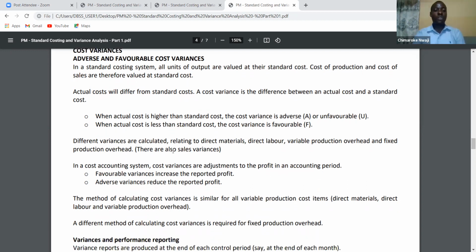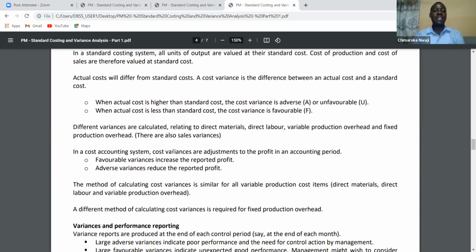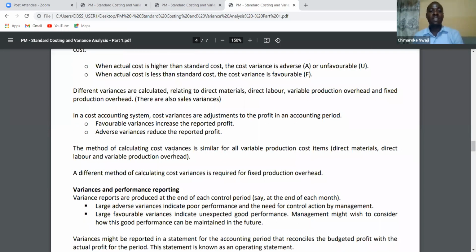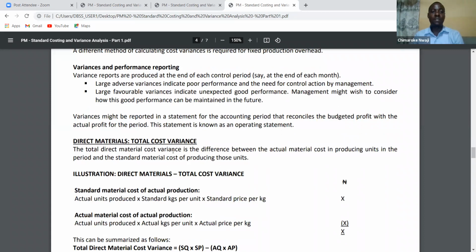So we are going to be doing variance analysis now and performance reporting. Variance reports are produced at the end of each control period, say at the end of each month. You have your fixed budget before, you now have your actual results, you now flex it to your flexible budget, then you produce your variances.